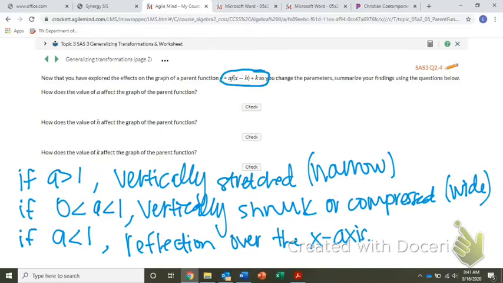Now, if it is a negative number and it is greater than 1 in absolute value, so it's a -2, then that graph will do two things. It will be reflected over the x-axis, and it would also be vertically stretched. If it is negative, and it is between 0 and -1, so it's a negative decimal, then it will be reflected, and it will be vertically shrunk or compressed, simply meaning it becomes wider, okay?